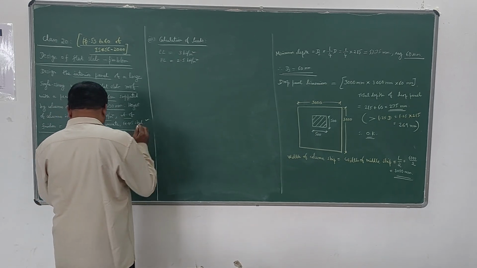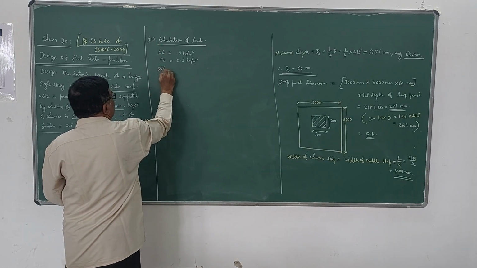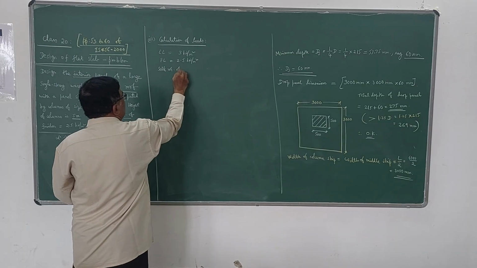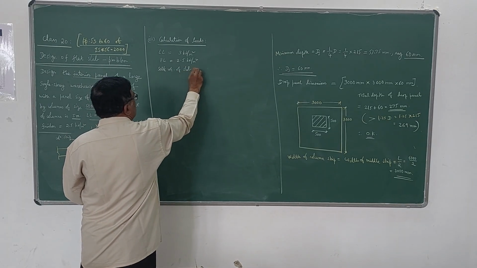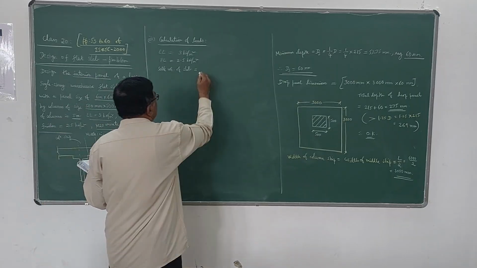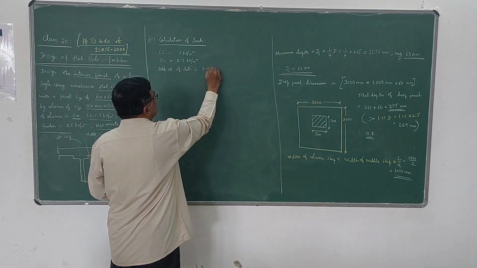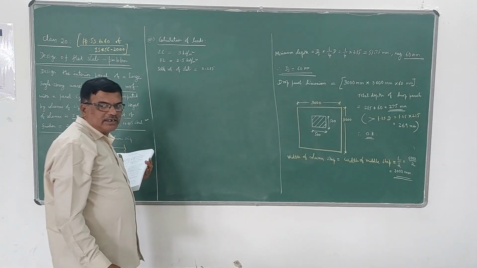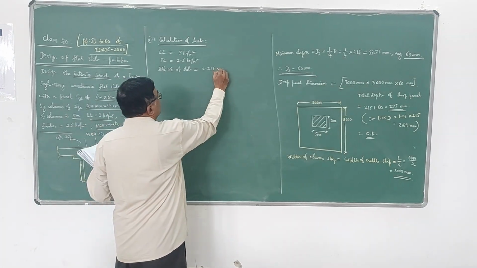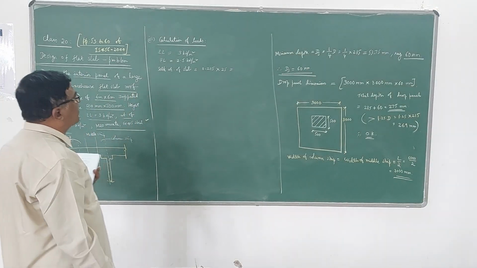For calculating dead load, let us calculate the self weight of slab. So overall thickness of the slab is 215 mm. So therefore in meters it is 0.215, correct? 0.215 into density, I will take 25 kN per meter cube.